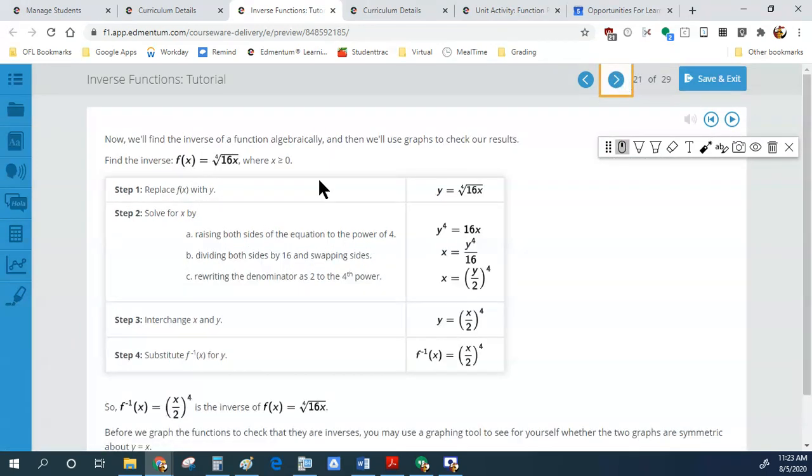Here they literally show the steps one by one. So remember, replace your f of x with your y, solve for your new x. They have that replacement, then they're doing the steps. We have to get rid of this fourth root. The way you get rid of a root is a power, so that's how come they're doing this 4.